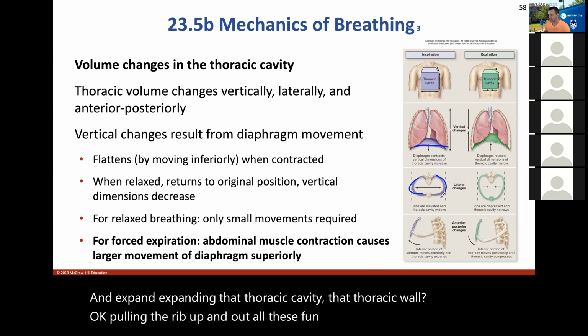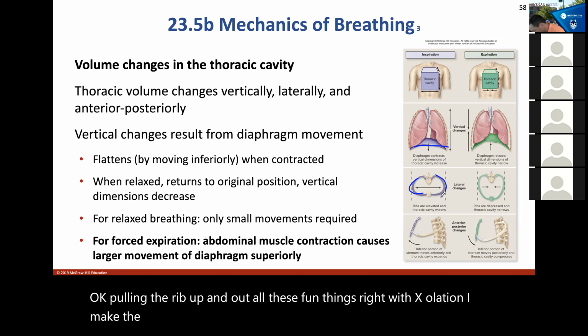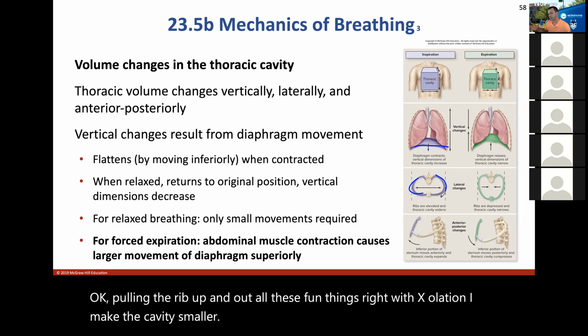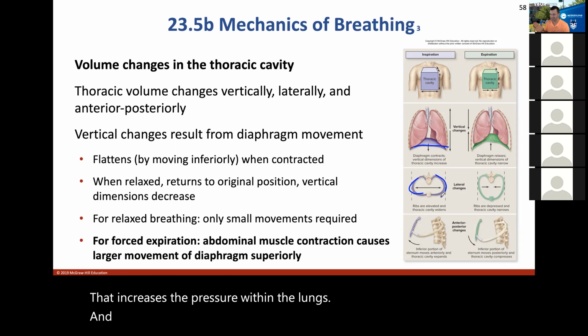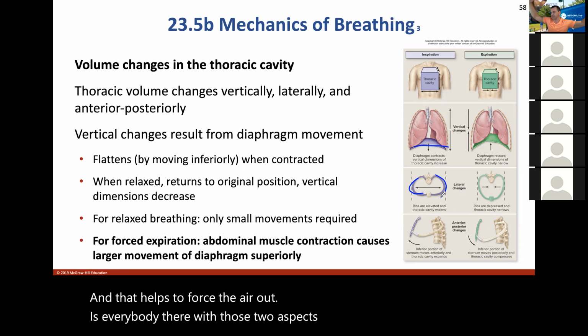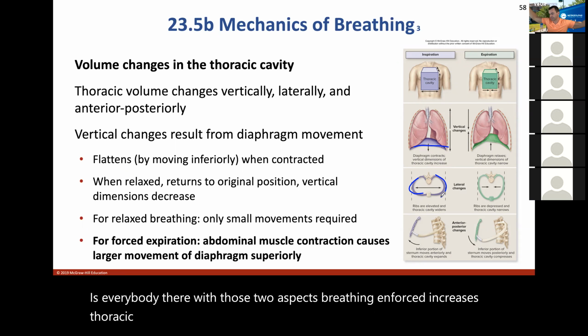With exhalation, I make the cavity smaller. That increases the pressure within the lungs, and that helps to force the air out. Is everybody there with those two aspects? Breathing in, forced, increases the thoracic cavity, increasing the volume.